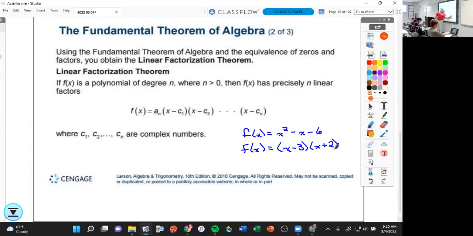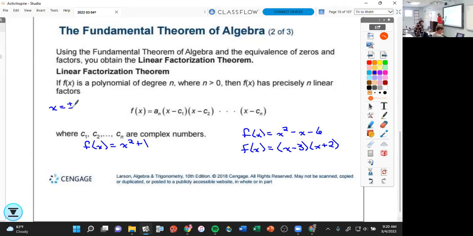Let me give you one that's complex. F of x equals x squared plus 1. That doesn't factor, does it? Because this actually would factor into x equals plus or minus the square root of -1. What is the square root of -1?